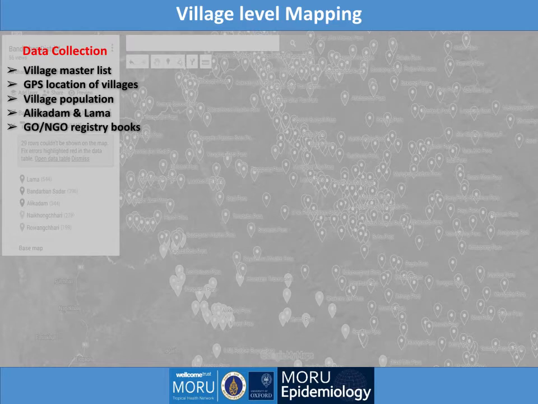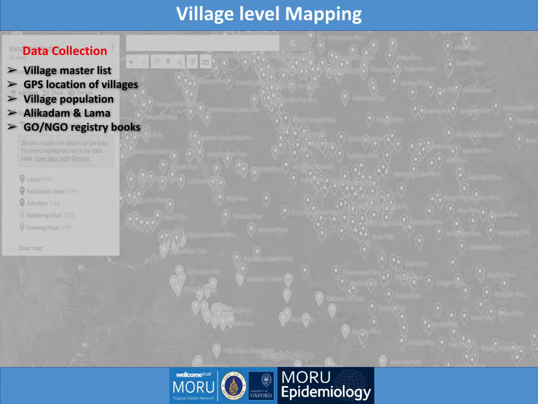Here I'd like to talk to you about the village level mapping. Preliminarily, this will be my first ever paper, and we decided to collect village level data for Bandarban district.